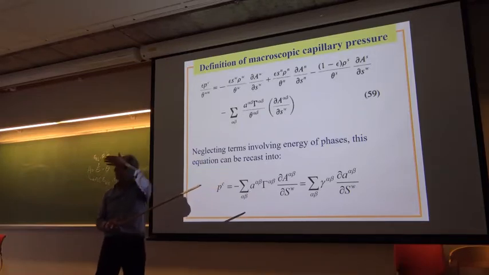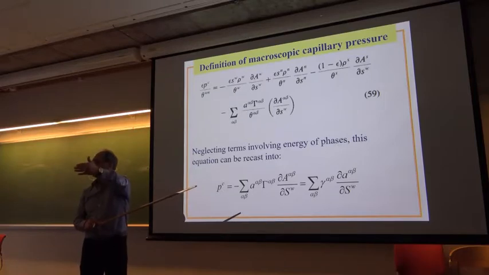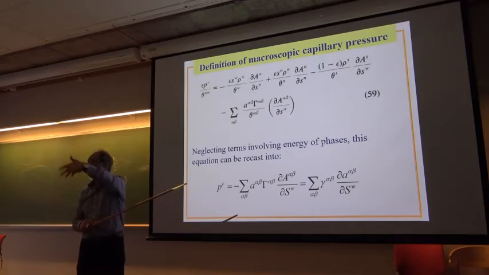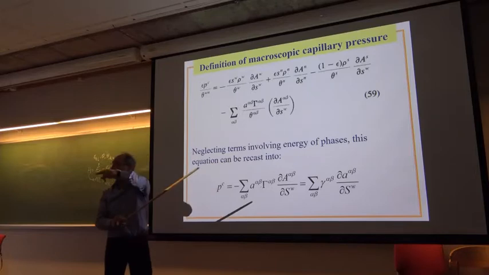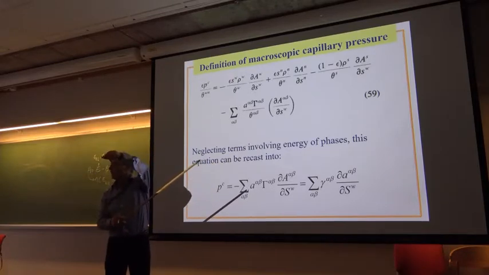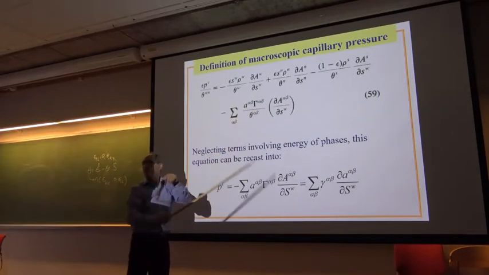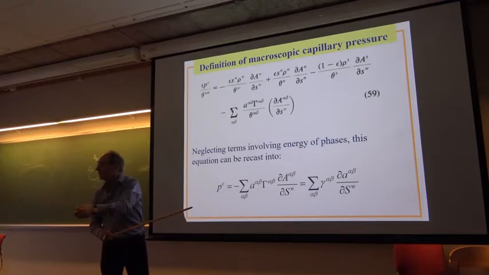PC, the same way that pressure is identified as the state of stress under equilibrium condition, and we found it to be dA0. The same way, we find that under equilibrium condition, I'll show it in a minute, this is equal to Pn minus Pw. And they say, oh, that's what we measure as PC.